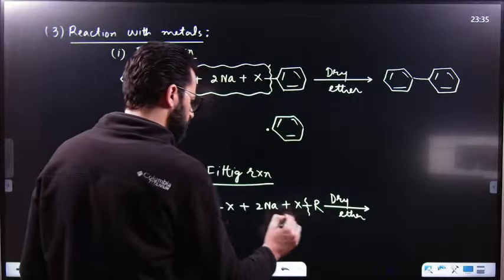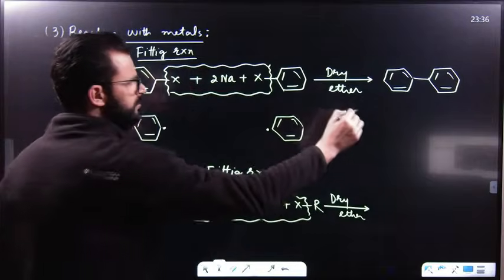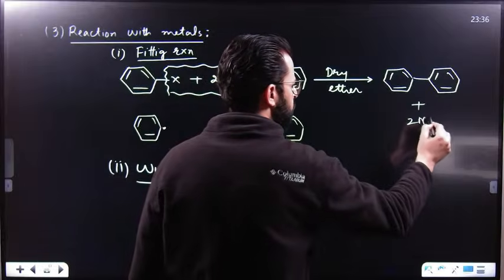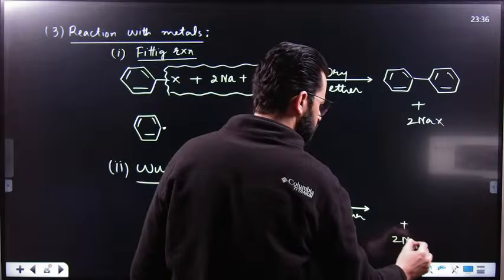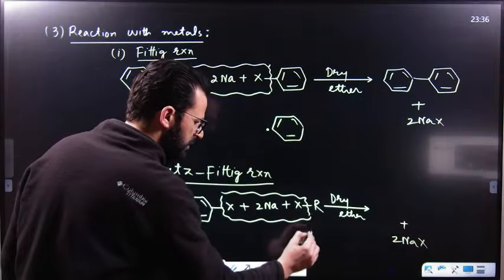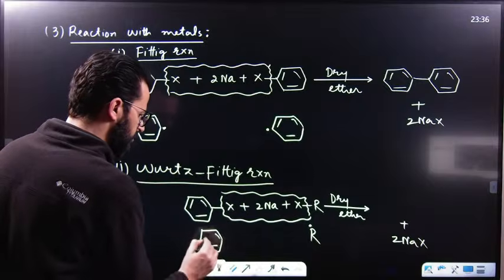So, it will result in the formation of NaX like this, and it will result in the formation of R radical, and it will result in the formation of phenyl radical.